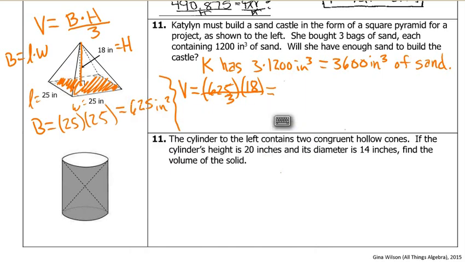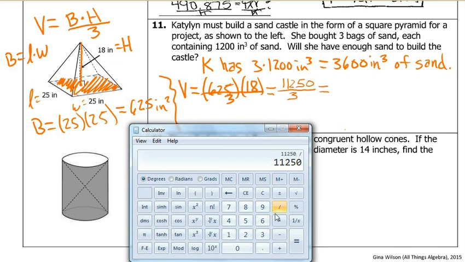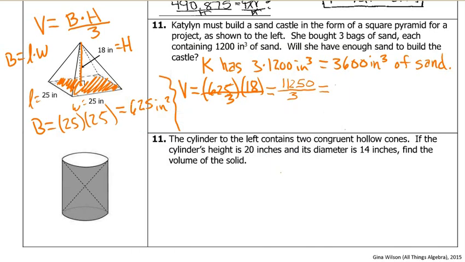So 11,250 divided by 3 equals 3750 inches cubed.